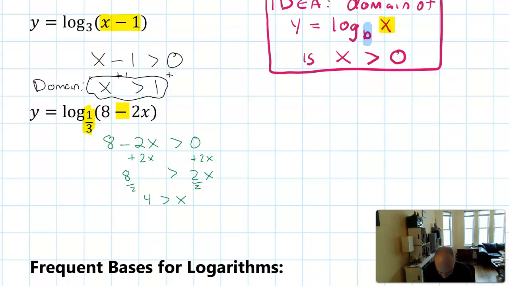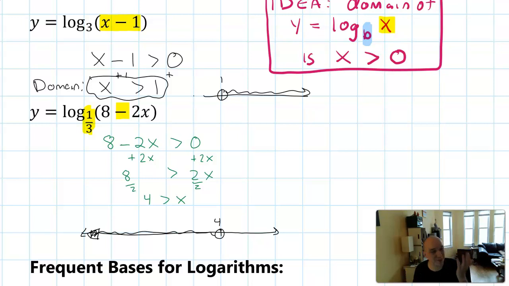But if you were to shade the solution set to this one, it would actually be this way. Even though most logarithms have a shaded solution set going to the right. So that's something to watch out for, but you can always find a domain of a log just by setting up an inequality and solving it.